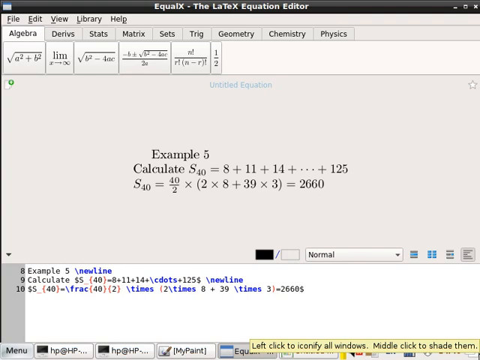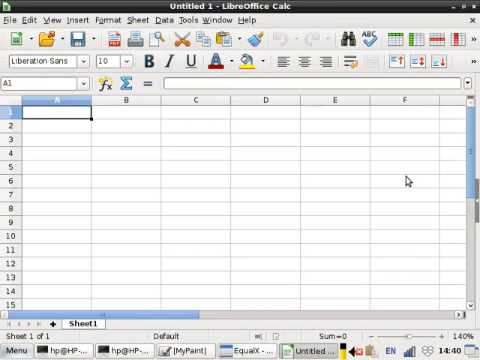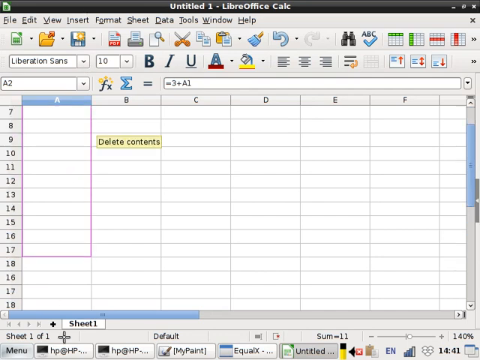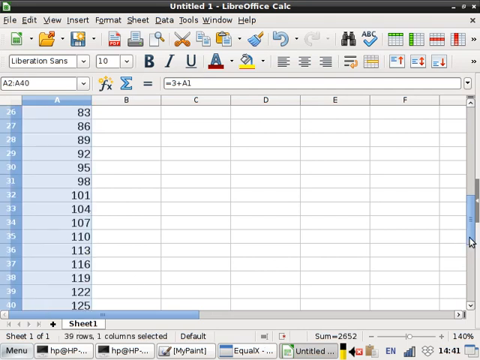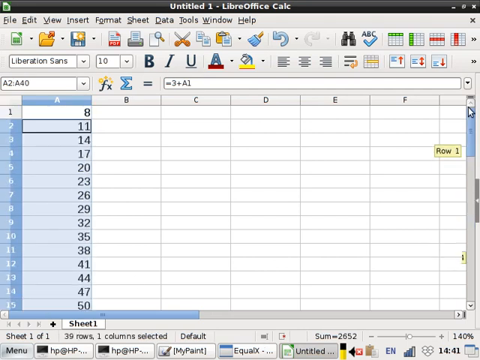Now, like I said, I want to show you that this really does work. So if I just go to Excel for a moment here. My first number was 8, and then my next one was 11. And I stopped when I got to 40 terms. So there are the first 40 numbers, okay?